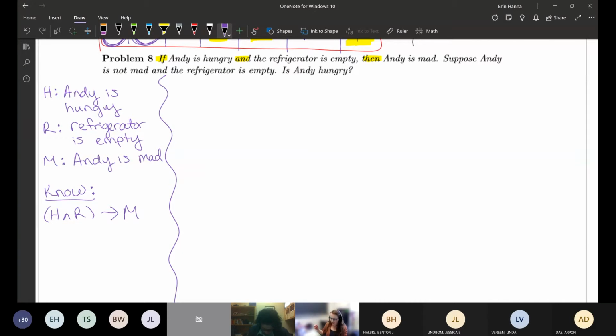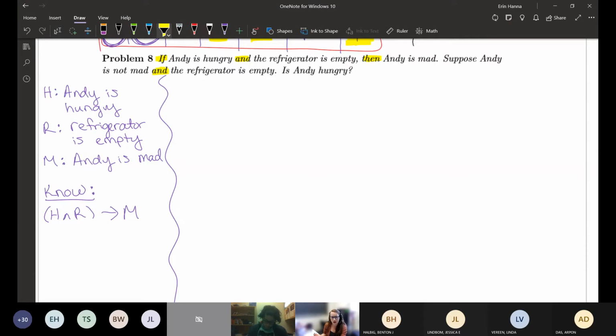Then we're told, suppose Andy is not mad and the refrigerator is empty. Now, I'm going to say something and then clarify a little bit. There is an and in here, but you can go one of two ways. You could use that and or not. I usually choose not to because it adds an extra step and it's not worth it.